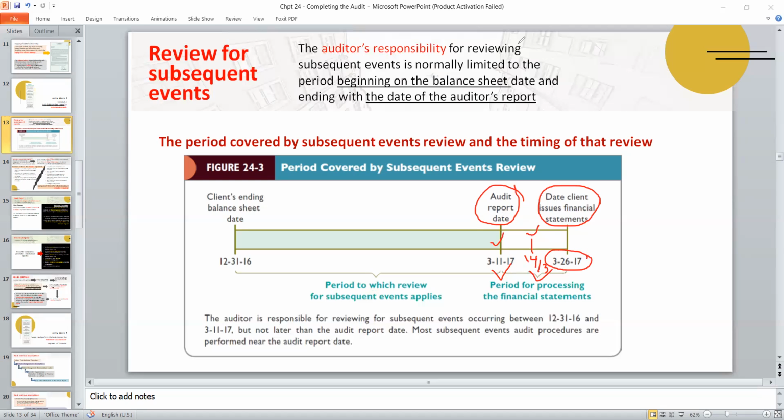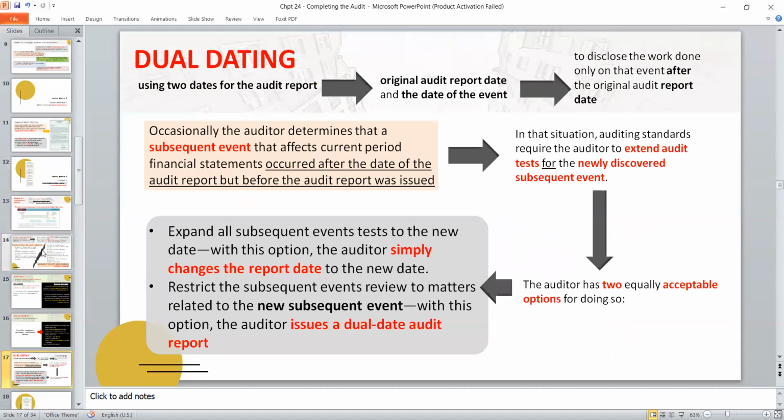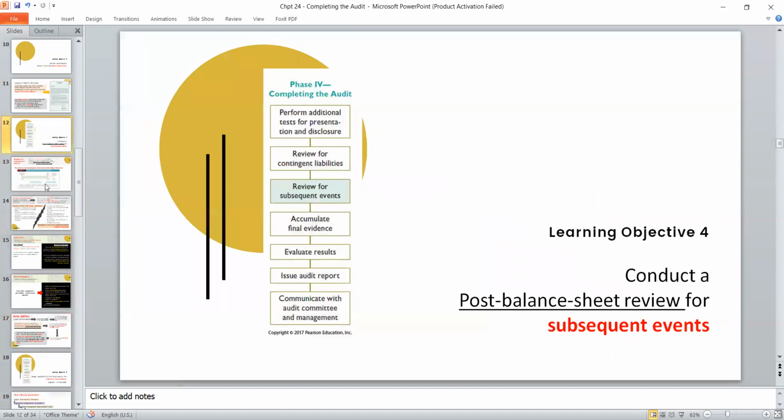Okay. Is there any question about the dual dating and subsequent event?